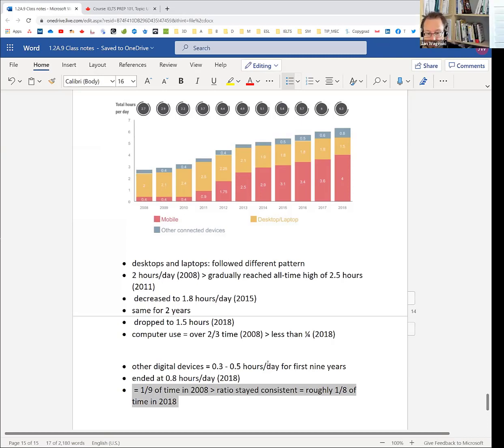Sorry, 2008. Mm-hmm. And this ratio staying consistent. Ending at about roughly, approximately 1/8 of time spent in 2018. Good.